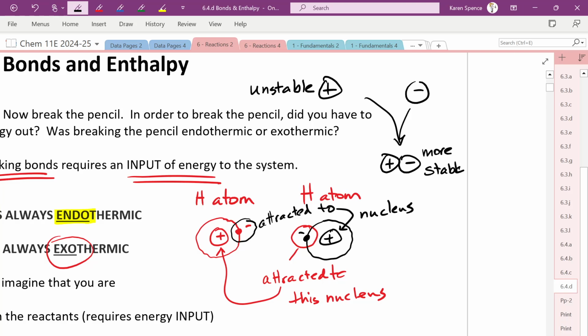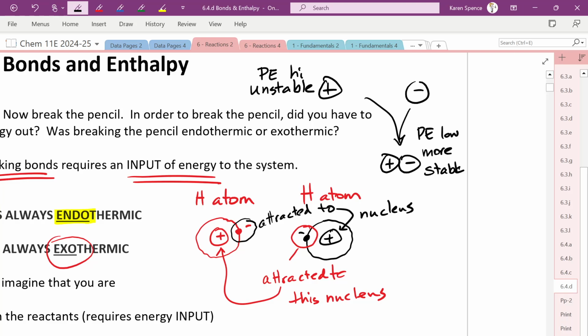And if it's unstable, what can you say about the potential energy? Potential energy is high. And what can we say about down here with this more stable? The potential energy is low. And in fact, I should have done this one to start with because those could be ions. Okay, so I've got a cation and an anion.